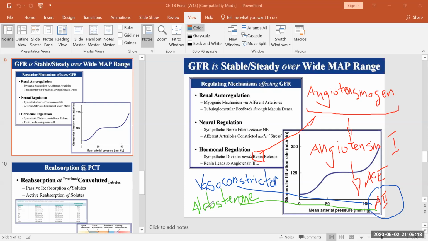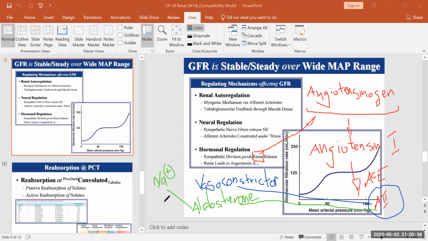Aldosterone is produced by our adrenal cortex. This is a steroid hormone. It's a mineralocorticoid. What it does is allow the kidney to maintain homeostasis of sodium and potassium, but most importantly, sodium homeostasis.